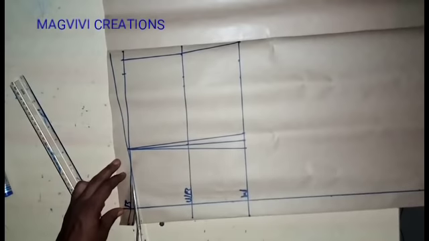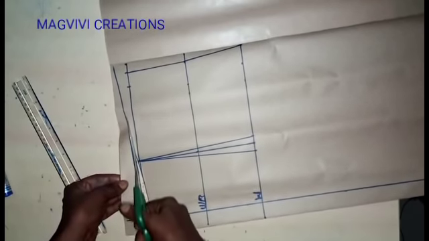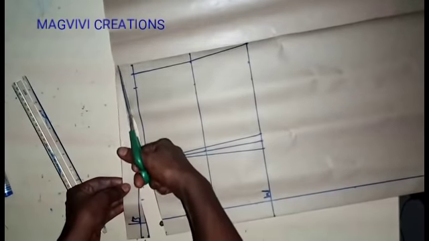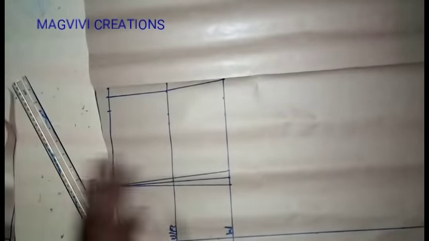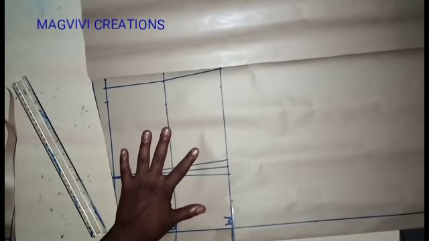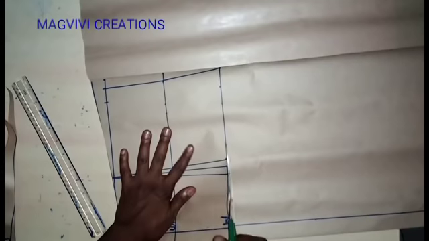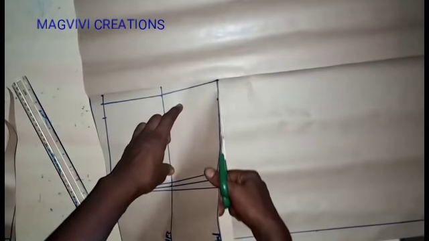And I'm not cutting out the dart, so it will be sewn in like that, just the waist dart. So you can see to cut the back is very, very simple. One of the easiest things to do.